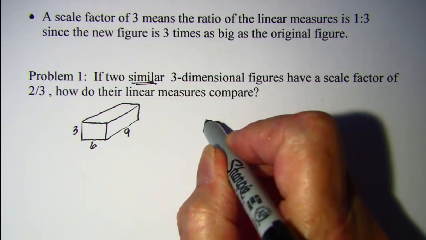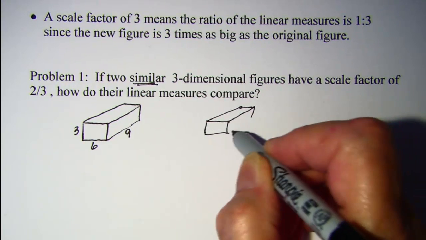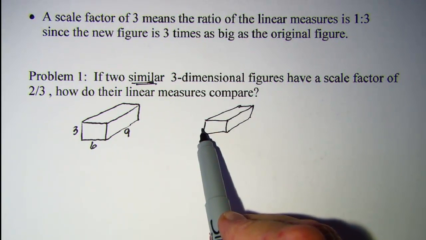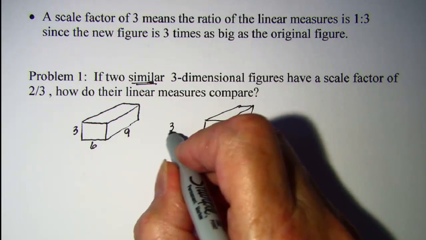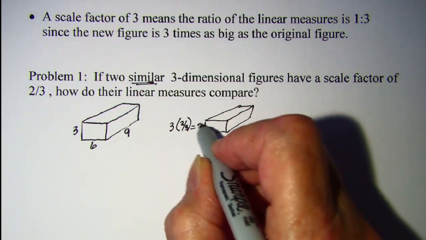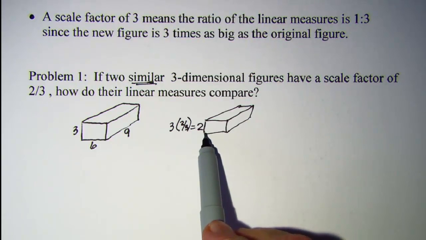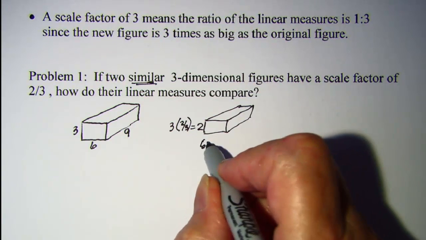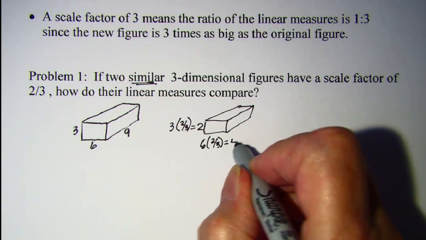So my new one, let me just sketch my new one here. To find the width of my new figure, I would take this original dimension and multiply it by 2/3. So I get 2 as my dimension here. The length of my new one would be 6 times 2/3, which we see is 4.